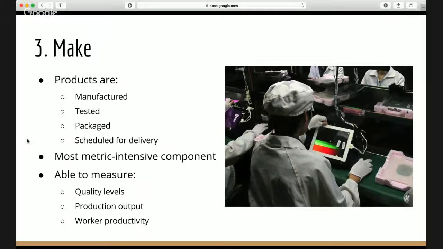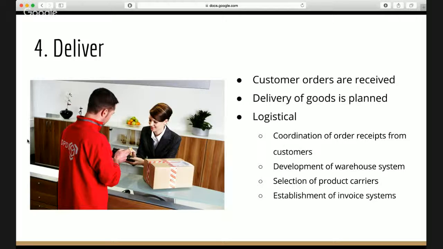So number four then is the deliver component. And this is where customer orders are received, the delivery of goods is planned, and this is probably the more logistical component of supply chain management.